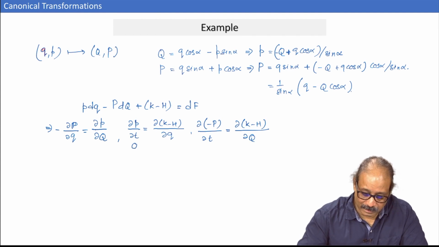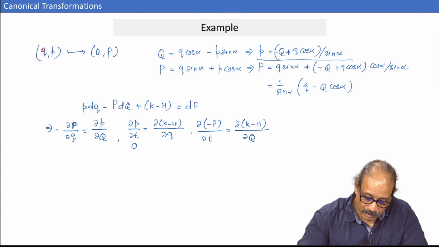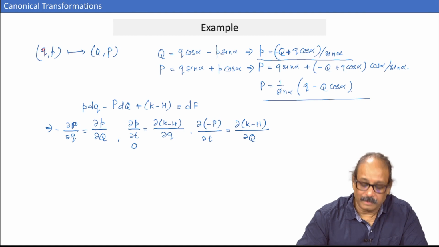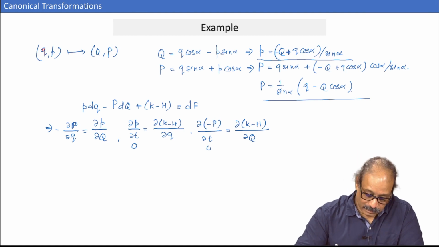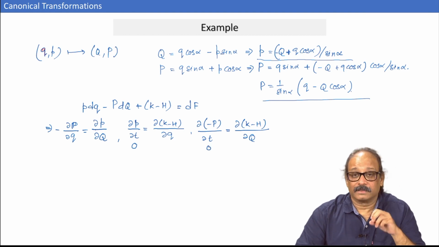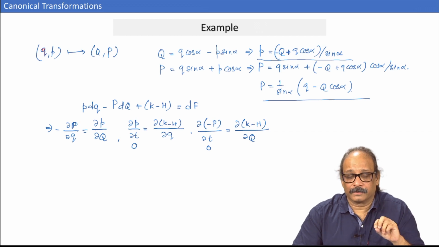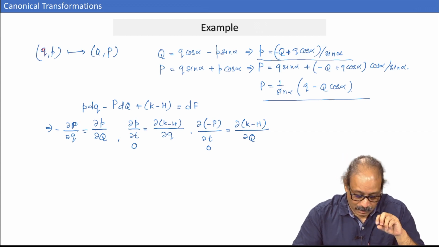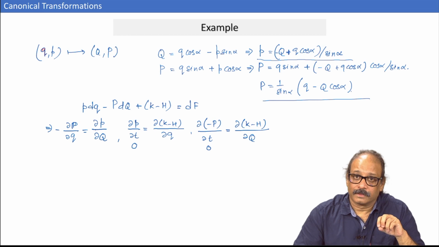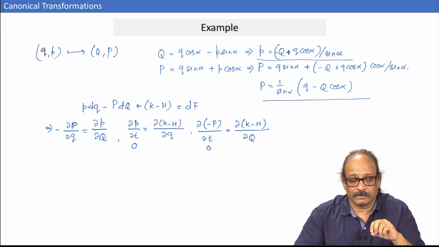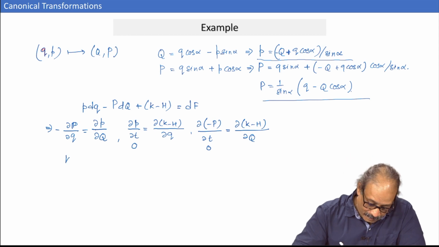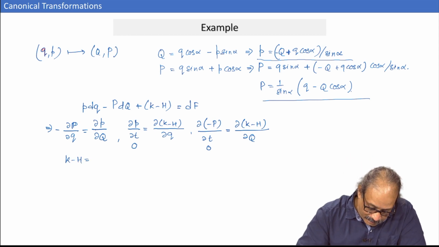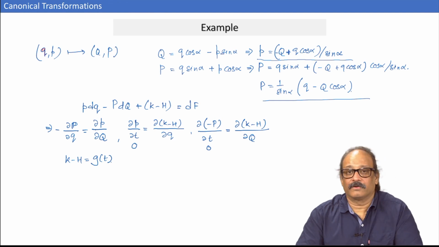And we already know that this is equal to 0. We already have the transformations here. So small p and capital P, they do not depend on time. So these two are already 0. That means K minus H does not depend on q or on capital Q. It must be only a function of t. So K minus H must be equal to some function of t alone.